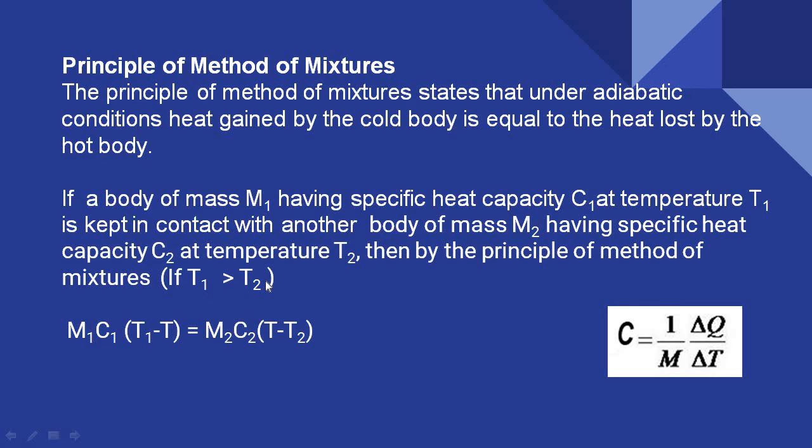So if T is the intermediate temperature, you can write M1C1 into T1 minus T. This you are getting from this equation: C is equal to 1 by M delta Q by delta T. So delta Q will be equal to MC delta T. So mass into specific heat into delta T, the difference in temperature, which you are writing as T1 minus T. And for the cold body, it is M2C2 into T minus T2.